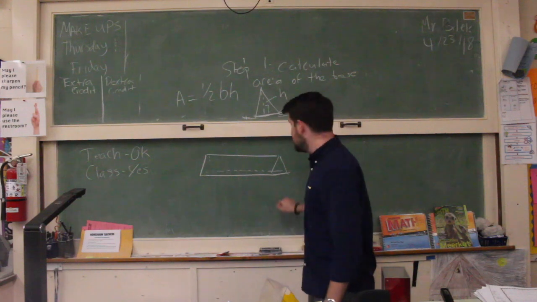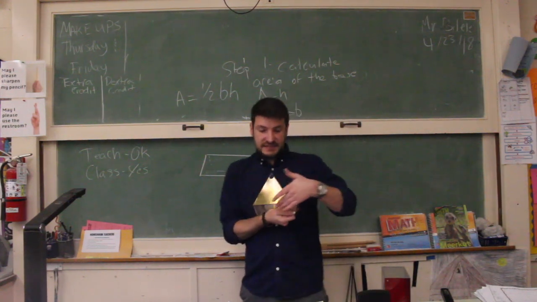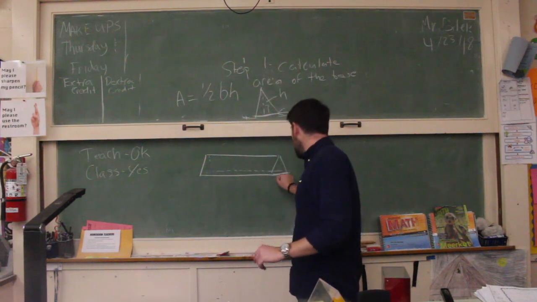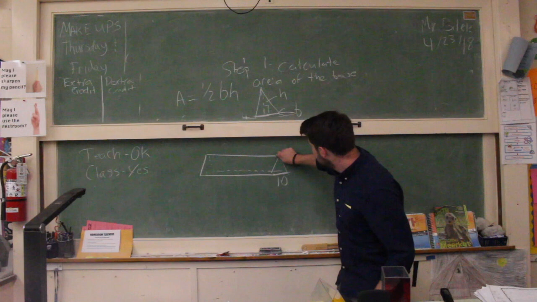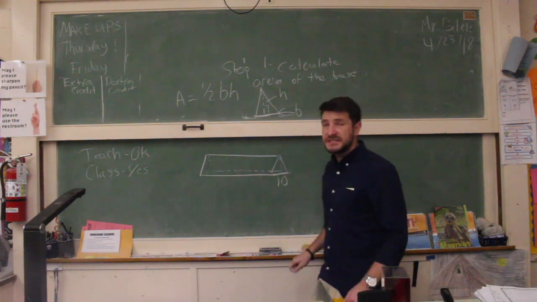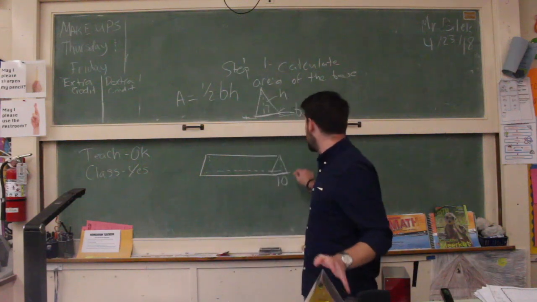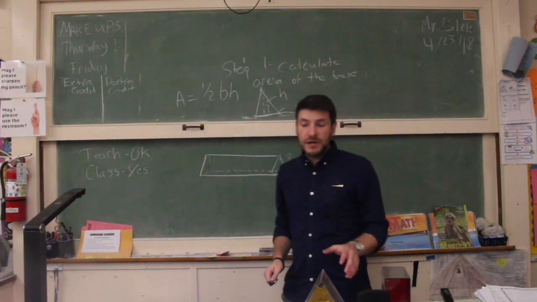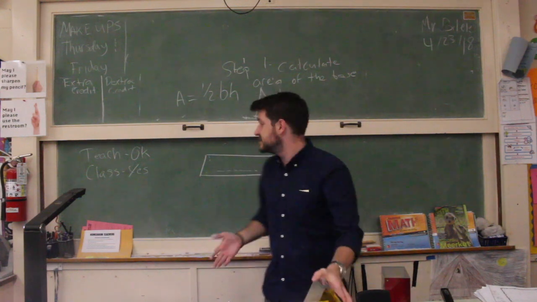We have a base of our triangle, this guy right here, that's going to be 10. Then we have our height, going straight down from the vertex, and I'm going to make that 8. Already we have enough to find the area of the base of our triangular prism.